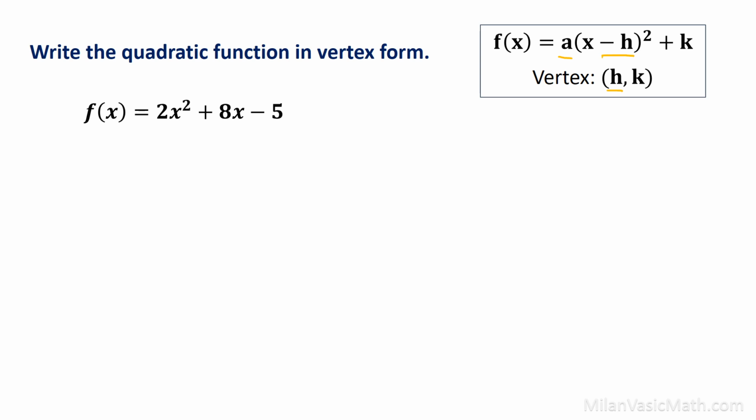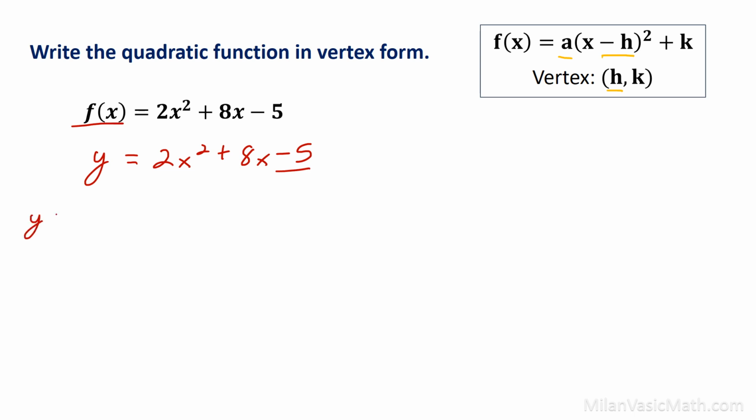Okay, to deal with this problem, f of x might be a little problematic. So instead, I will work with y equals, and then I'll just write the same thing. In this case, I'm going to add 5 to both sides.